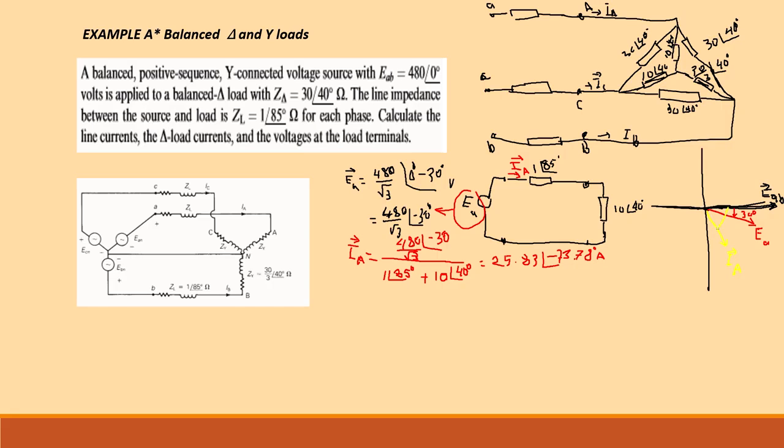And this is the angle minus 73.78. Okay. Now we can find the current IB.